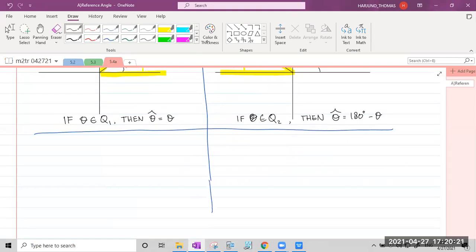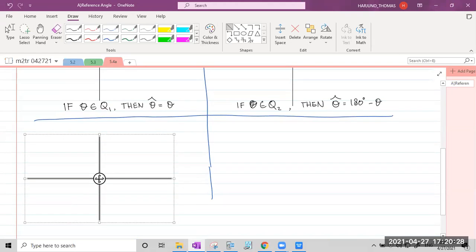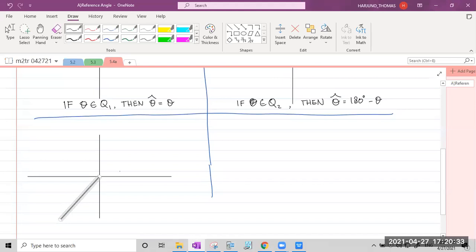Now, if angle theta is in quadrant 3, then the reference angle will be this part here, from the terminal side to the closest x-axis. This is our theta hat.